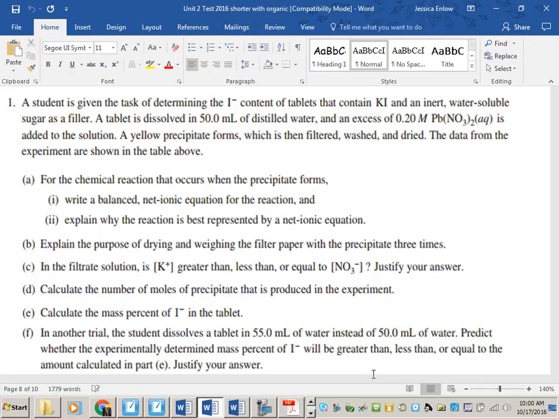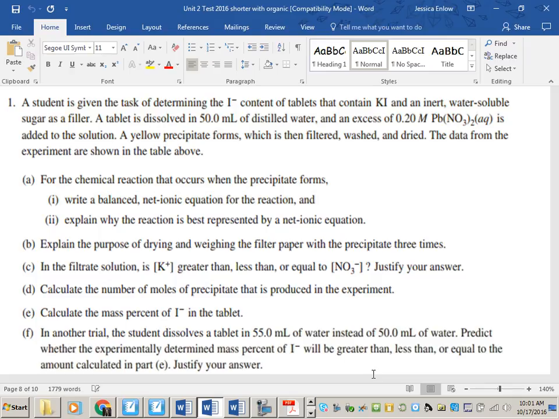So KI plus lead(II) nitrate yields what? Lead(II) iodide, that's our precipitate. Lead is a heavy metal, generally will be precipitating. And then 2 there, 2 there.